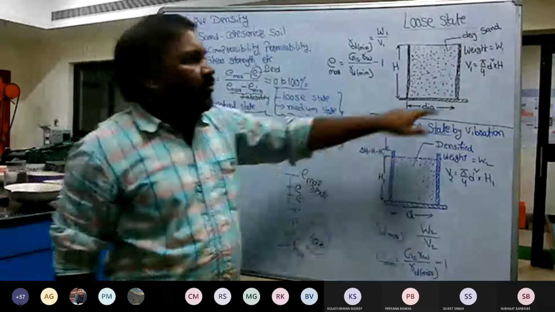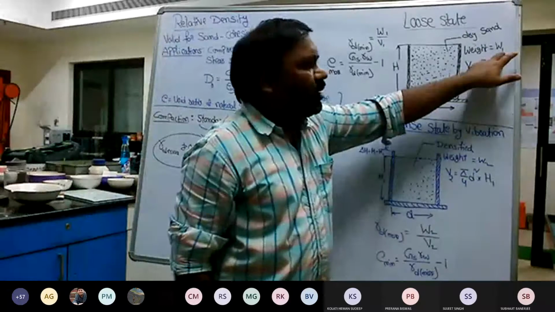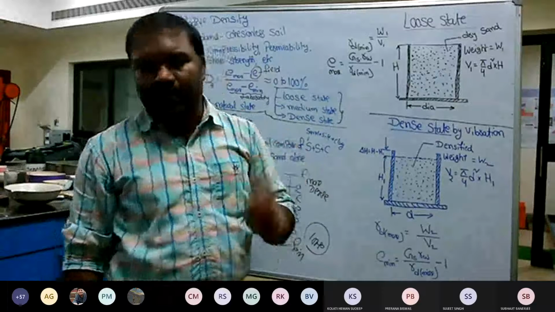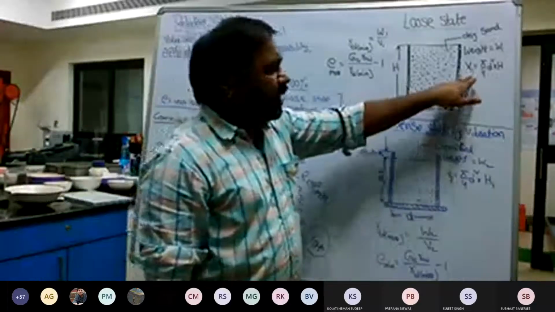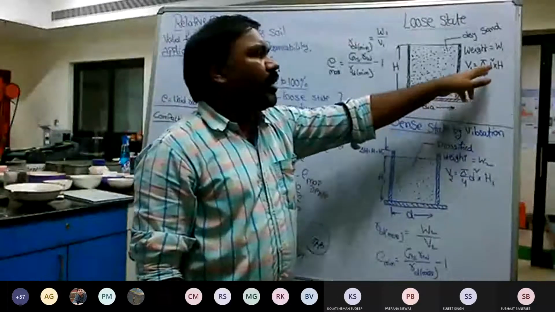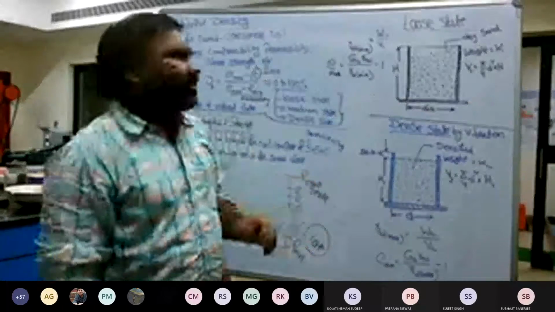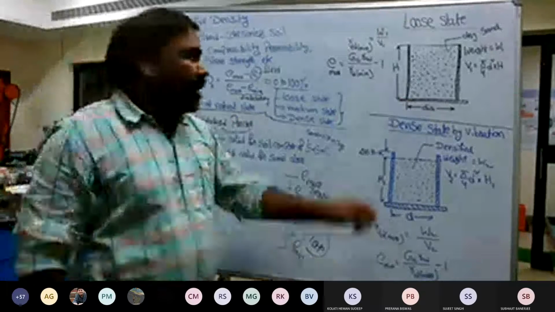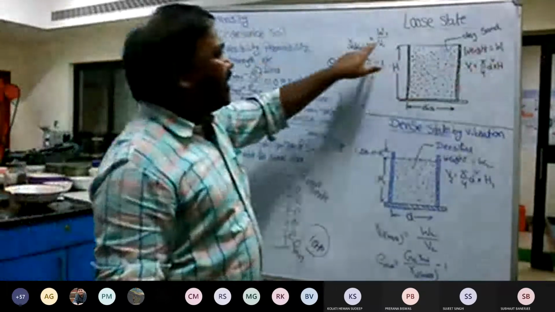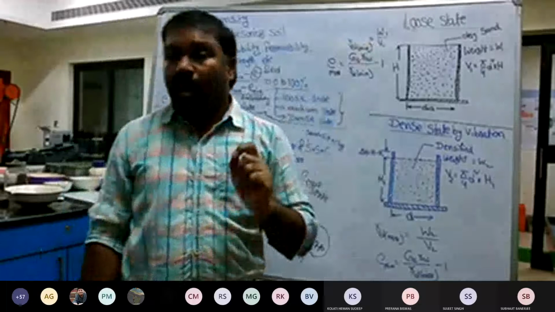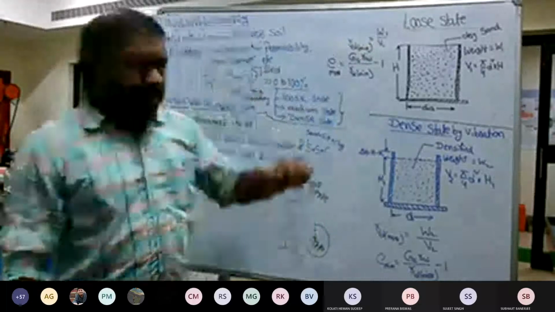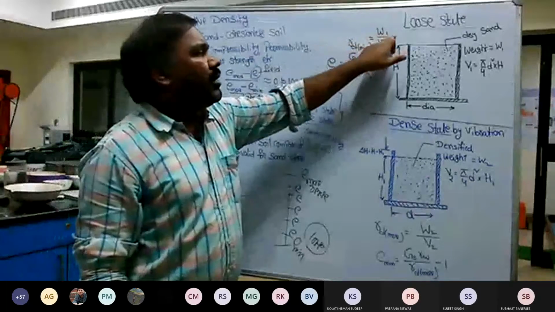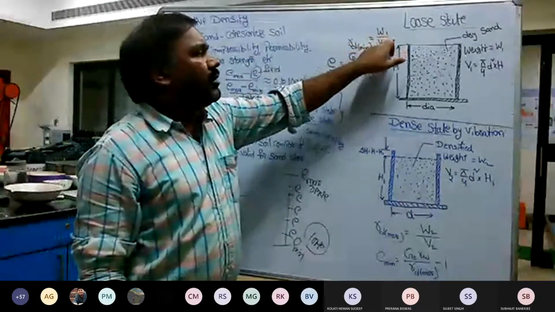Now once I know W1, the weight of the sand in very loose state, I can calculate the volume of the mold, pi by 4 into D squared into H. It's quite simple based on the geometry. Since I know the weight and the volume, I can determine gamma d minimum, the least possible density: weight upon volume.